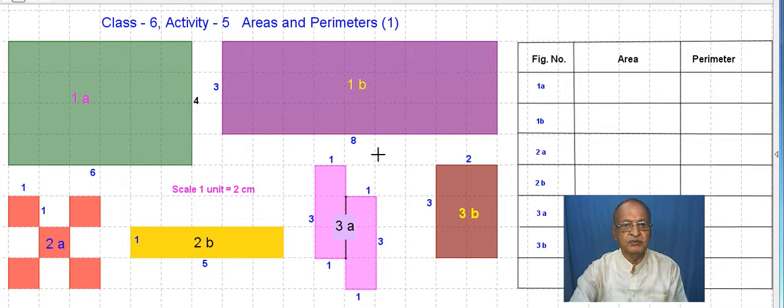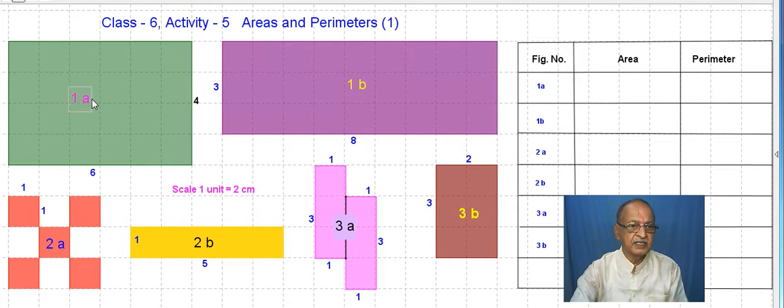Another video we will also upload within a few days. Here we have different figures and we have to calculate the area and perimeter of each figure and fill in this observation table.